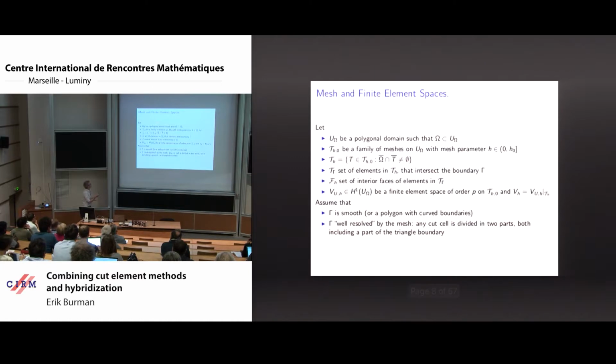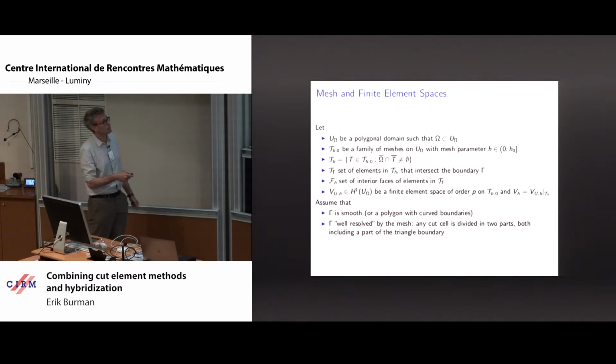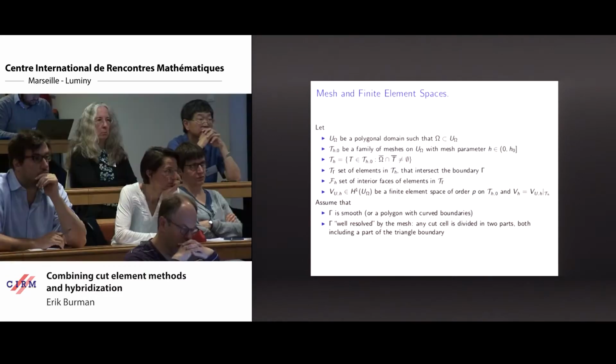Okay, so this first part is just in words what we saw in pictures, but this point here is then the finite element space of order P that we define on this global mesh. And then I get another finite element space by restricting this to this mesh T_h of elements that are intersected by the physical domain.